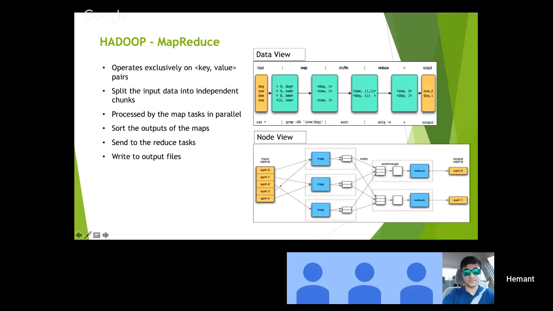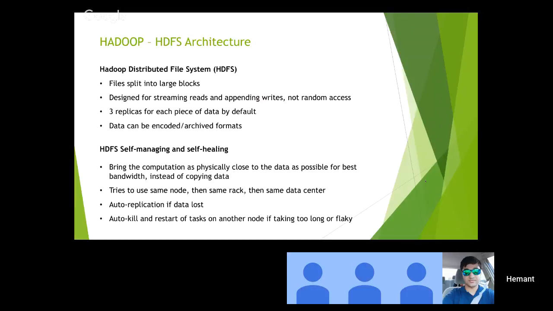You can see how input comes into HDFS, on the node view gets split into multiple nodes, which map and work on the data and finally get reduced to a meaningful output. Now, the Hadoop HDFS distributed file system architecture: any data which is stored on it is split into larger blocks.